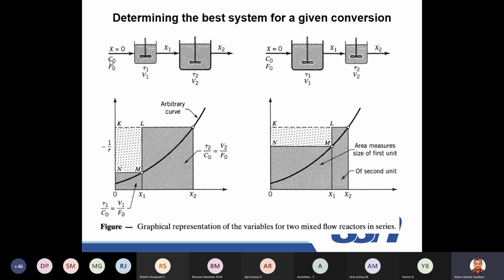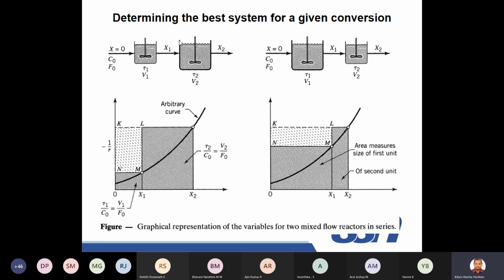C naught is the concentration and F naught is the molar flow rate. This small mixed reactor has a space time tau1 and volume V1. The conversion coming out of it is X1. Here we are bothered about only X1, so I am not writing C1.